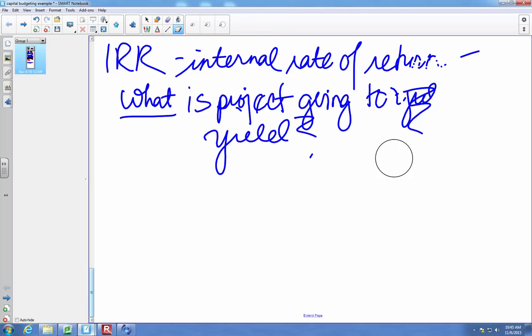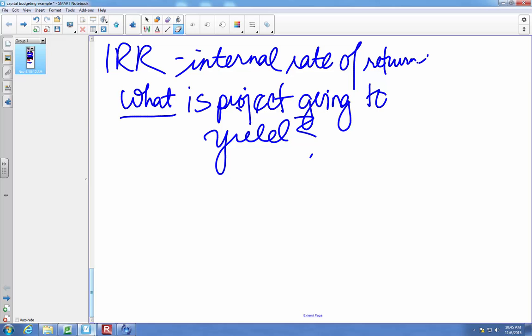What is the project going to yield? And once you know what the project's going to yield, and I'm sorry, this is adjusted for the time value of money. Once I know what it's going to yield, what do I want to compare that to? So the project's going to yield 11.26%.